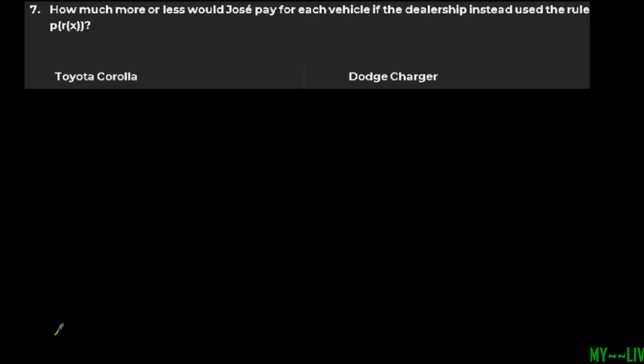And then on this last one, number 7, it says, how much more or less would Jose pay for each vehicle if the dealership instead used the rule P of R of X? So now notice how it's switching our functions around. What it's saying is I would have to find, let's do pink first, P of R of 7,800 for the Toyota Corolla. Find that in here, and then same deal for the Dodge Charger.